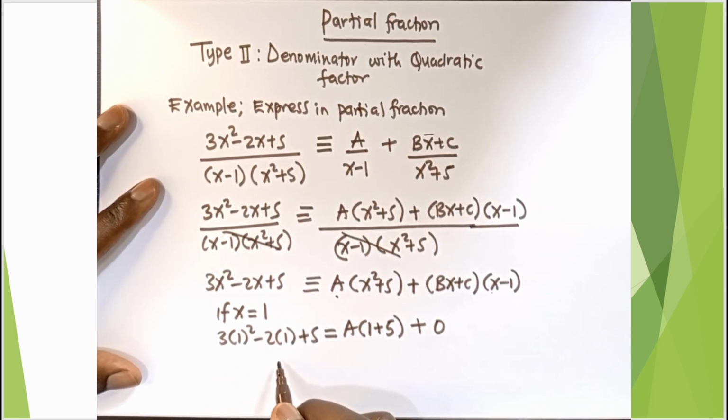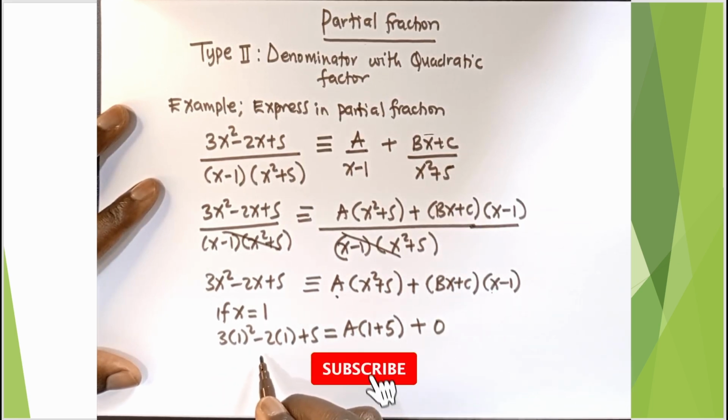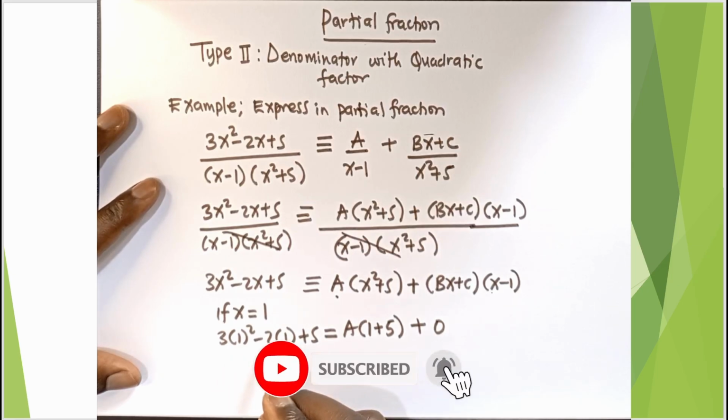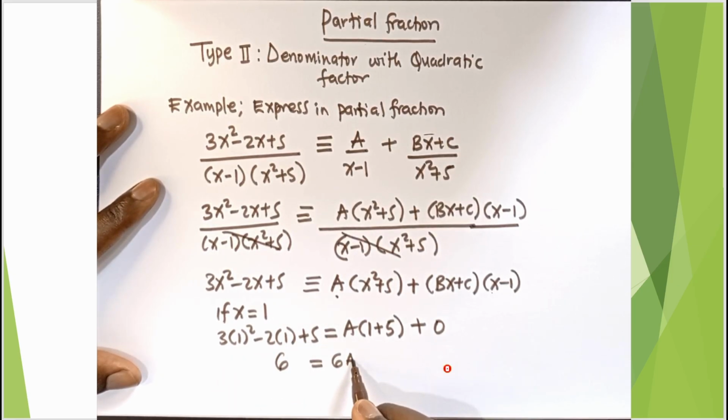So let us simplify. This gives us 6 is equal to 6A. When we divide through by 6, we end up having A as 1.